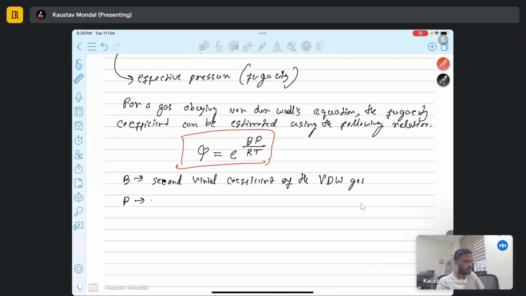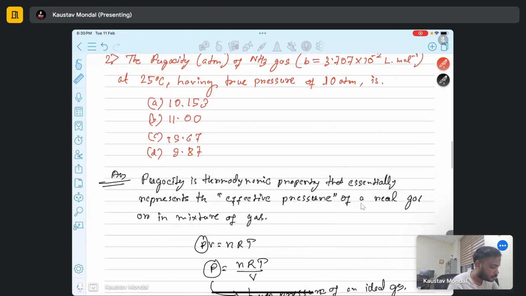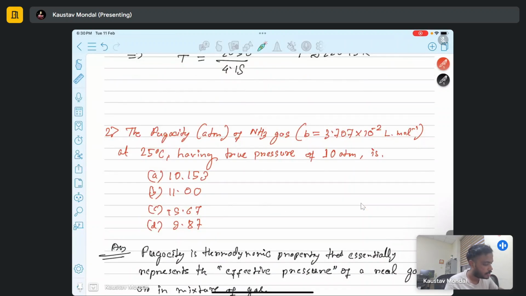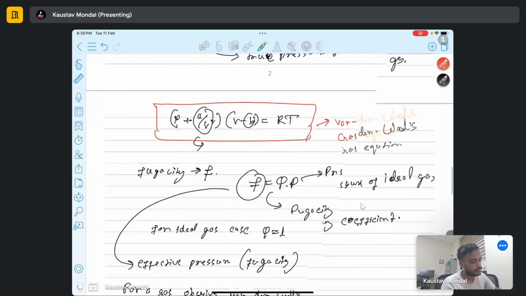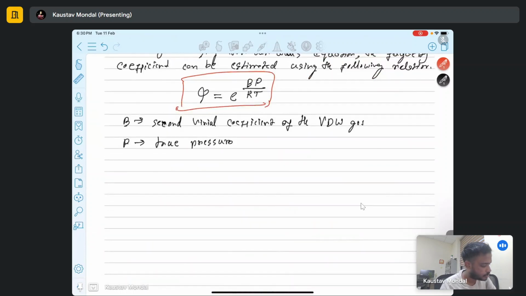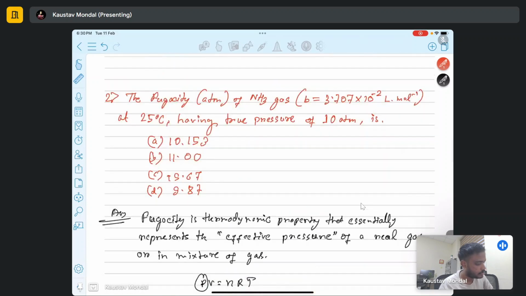P is the pressure, I mean the true pressure actually. That means the pressure in the ideal case. Okay, so true pressure, and for our problem the true pressure is 10 atm, right? So we write true pressure, that is 10 atm, temperature is 25 degrees centigrade.